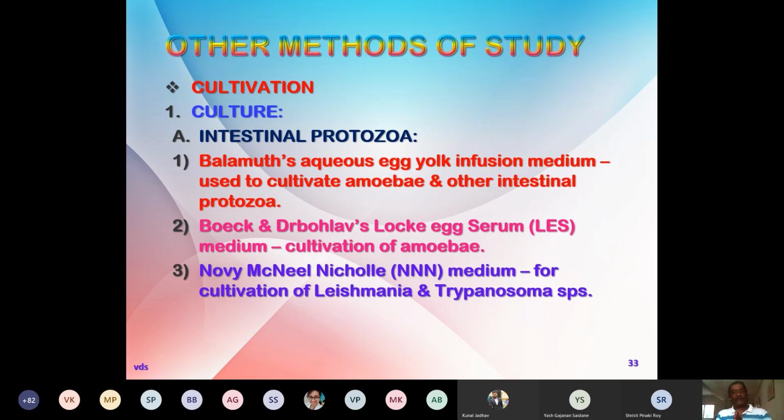Boeck and Drbohlav's egg serum is the medium used for the cultivation of amoebae. And the third is Novy-MacNeal-Nicolle medium, called NNN medium, used for the cultivation of Leishmania and Trypanosoma.